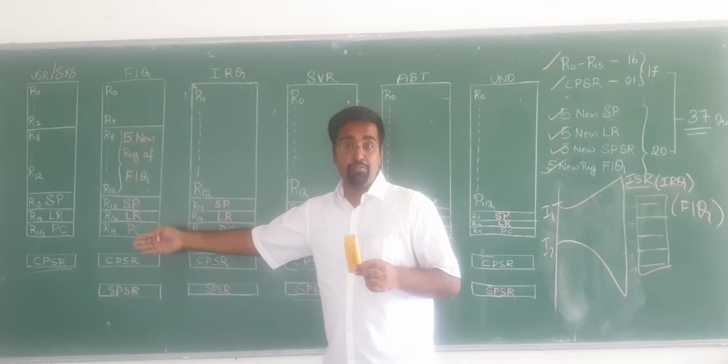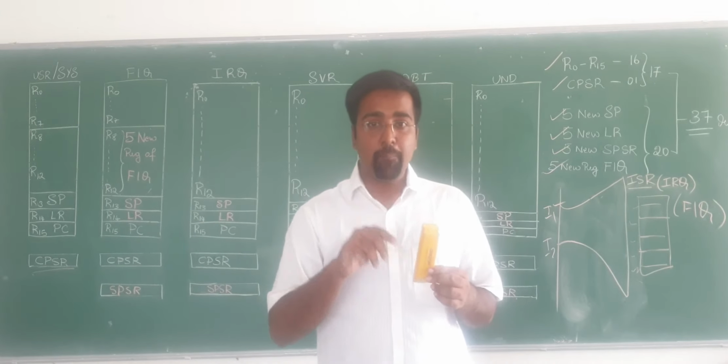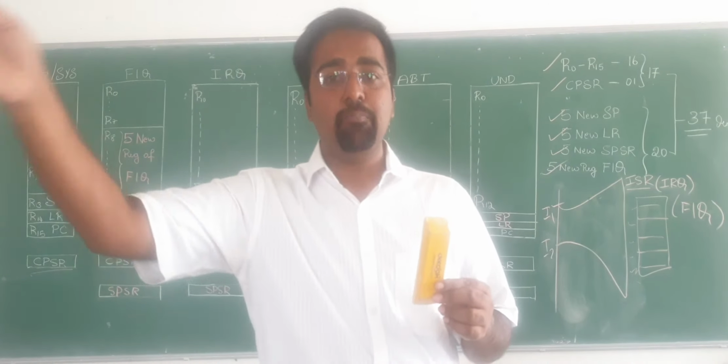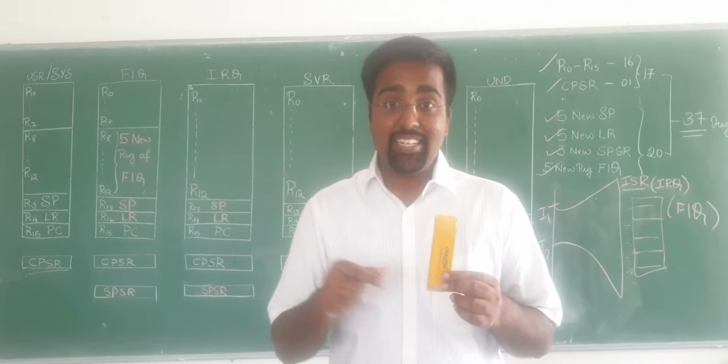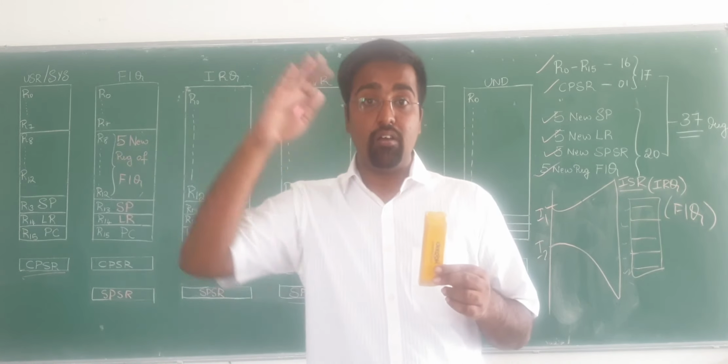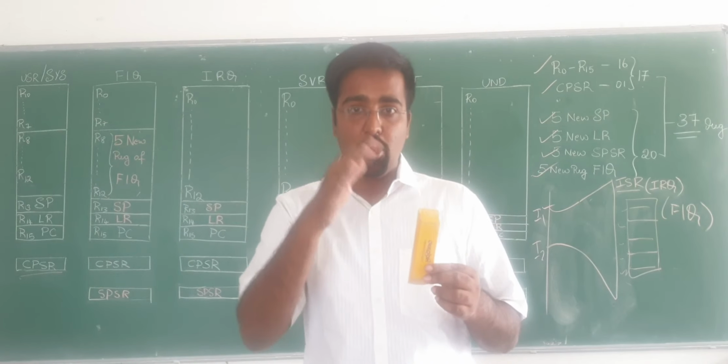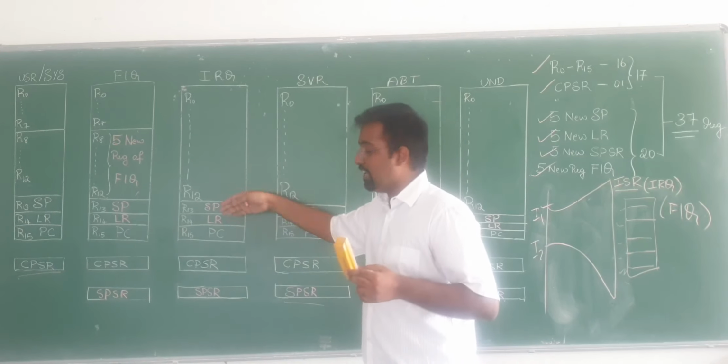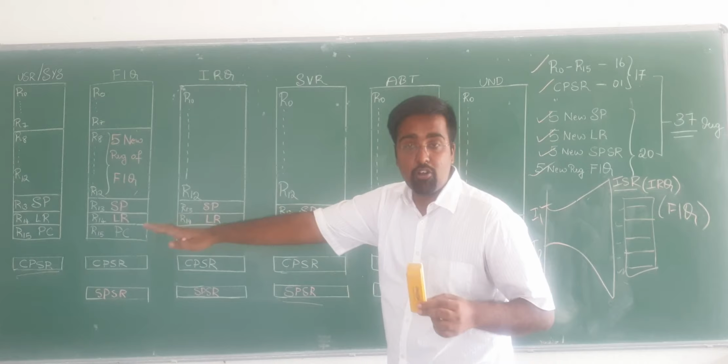Of course, we make use of LR, that is the link register. When the program counter moves to another mode, the current value of the PC is copied to LR. While coming back from any other mode to the user mode or system mode, LR copies the value back to the PC.